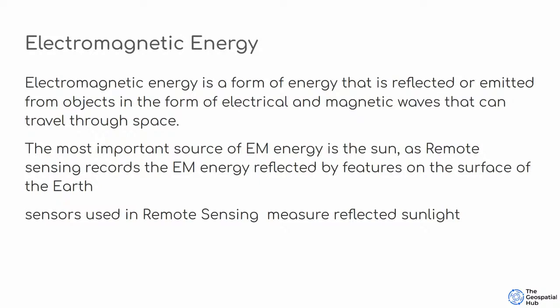They are sensitive to just a very small portion of the spectrum. So the most important source of electromagnetic energy is the sun. Then we have sensors that capture this radiation from the sun. All right, so we'll be moving on.